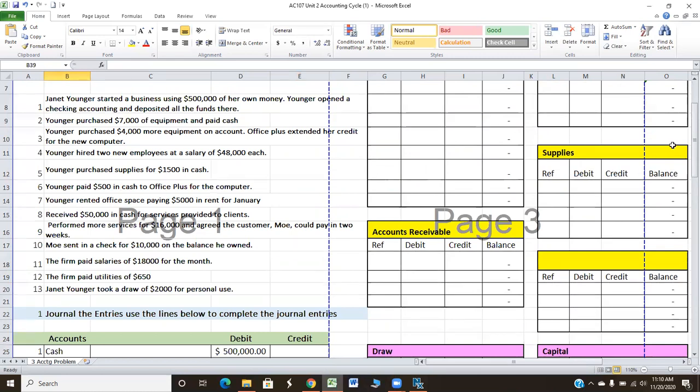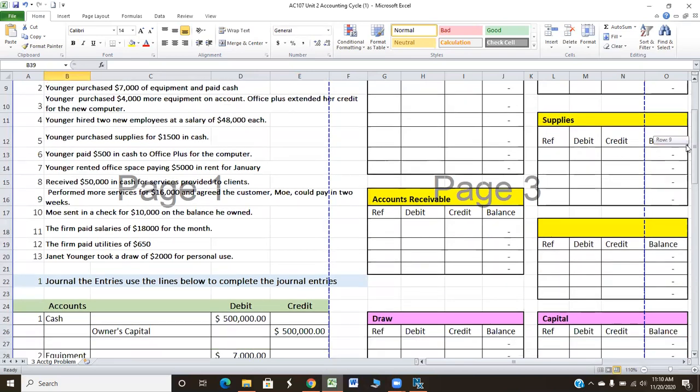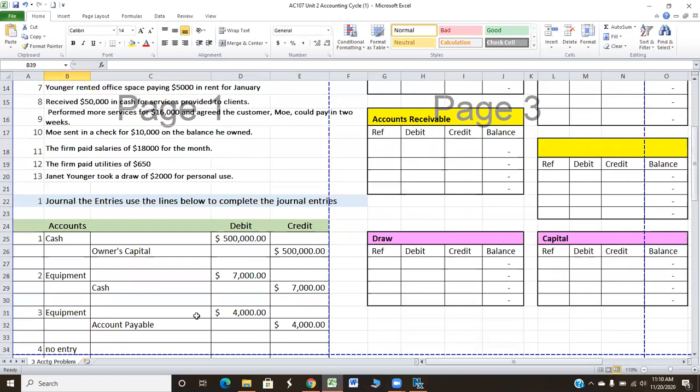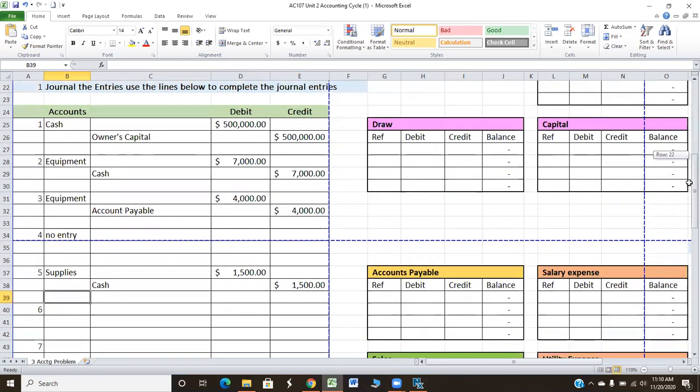Think if you had a credit card and you bought a computer for $4,000, put it on a credit card, and now you're just paying off $500 of your balance owed. That's what's happening here. So in number 3, we never paid cash. We put it on accounts payable. And again, accounts payable means we owe cash in the future. Now we're paying $500 of cash towards this.